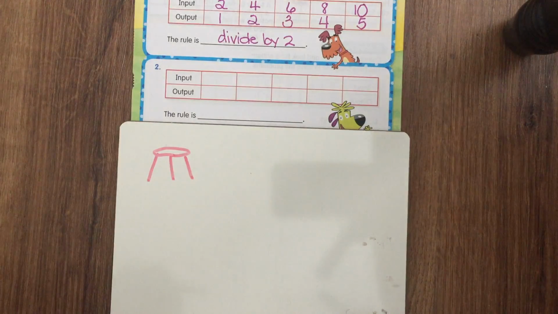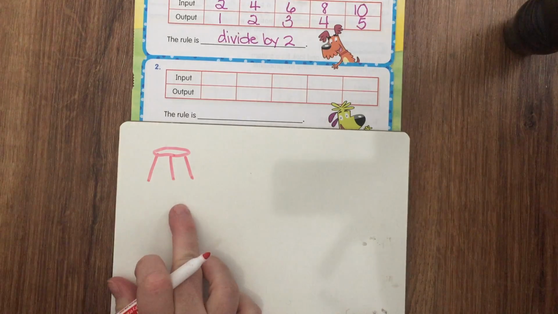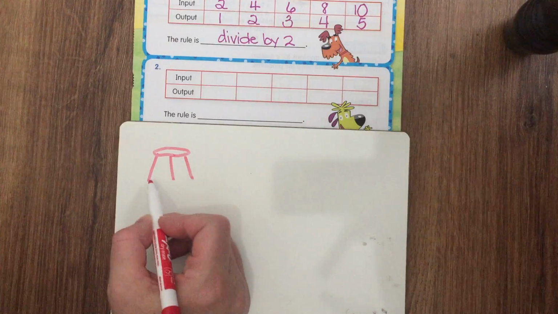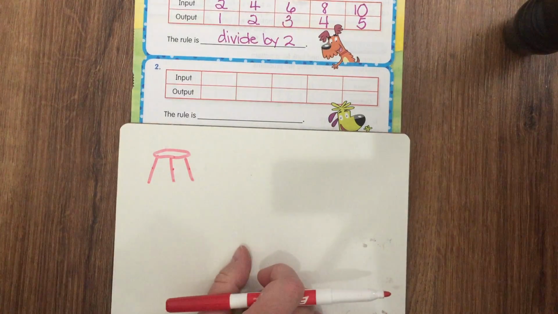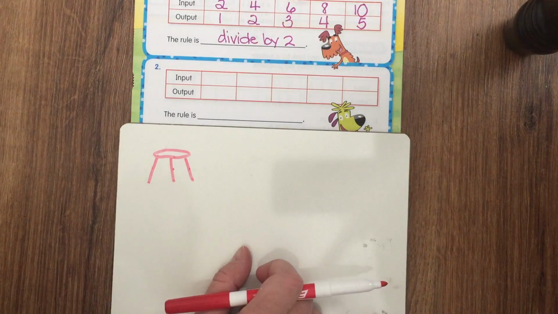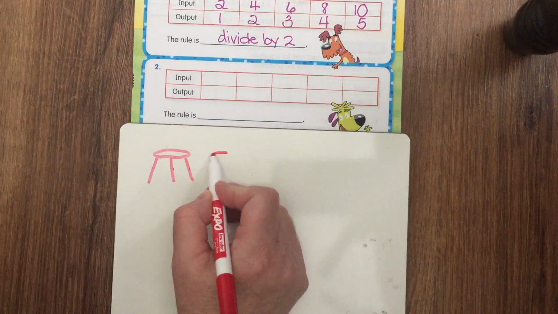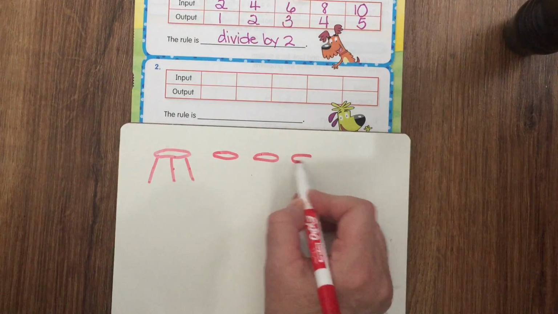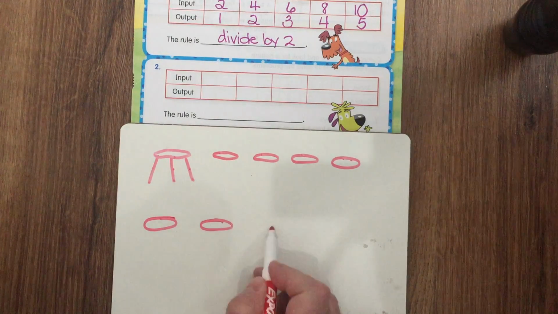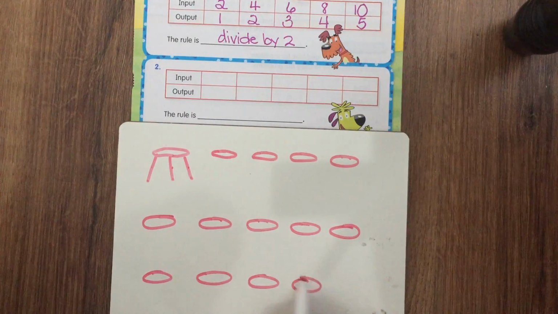Now I'm going to say I have a friend, Michael, and Michael makes stools. And he's going to make me a stool for my classroom. But each of his stools has to have 3 legs. 1, 2, 3. Okay? If Michael has 15 of these stools, 1, 2, 3, 4, 5, 6, 7, 8, 9, 10, 11, 12, 13, 14, 15.